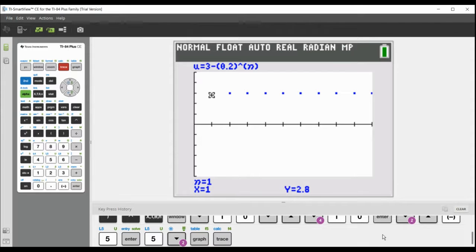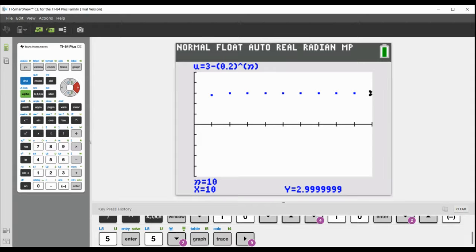That makes sense, because 3 minus 0.2 to the first power is 3 minus 0.2, that's 2.8. 3 minus 0.2 squared is 2.96. 3 minus 0.2 cubed is 2.992. And we keep going. Out here at the 10th term, 3 minus 0.2 to the 10th power is 2.99999.